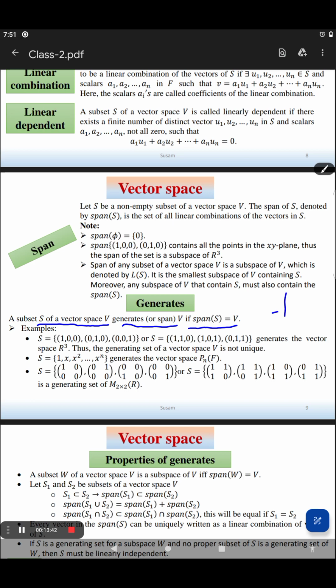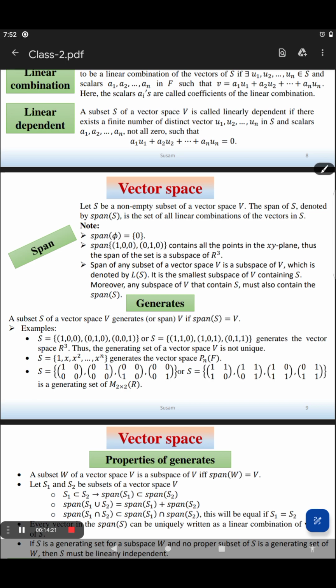Suppose you have R2, with two-tuples. This is X, this is Y. Then we can consider the point (1,0) and the point (0,1). Then the set of all possible linear combinations of (1,0) and (0,1) represents the whole vector space R2. So this is a generating set of R2.